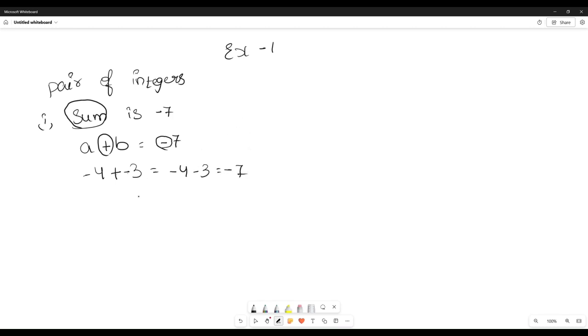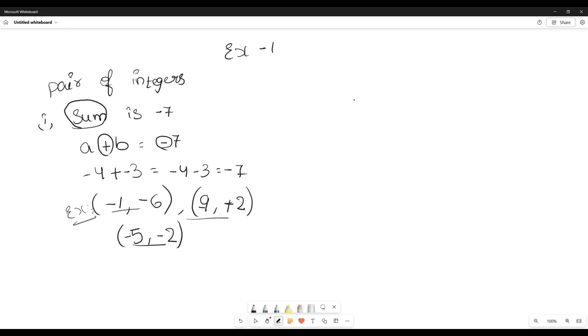So -4 - 3 is -7. So we have completed the first question. Here some examples: -1, -6 and -9, +2 and -5, -2. These are some examples to get -7.